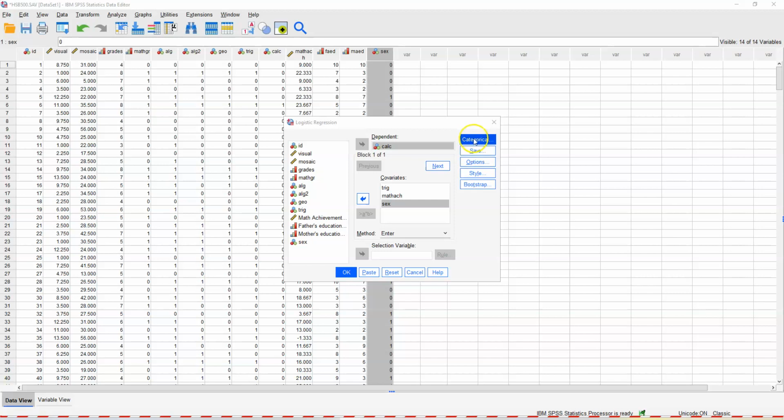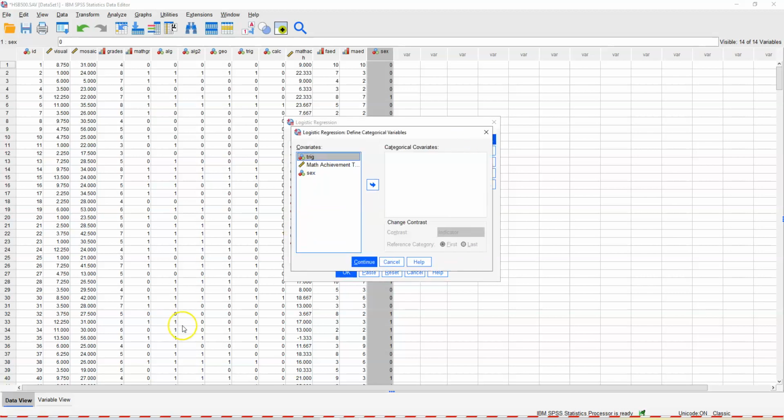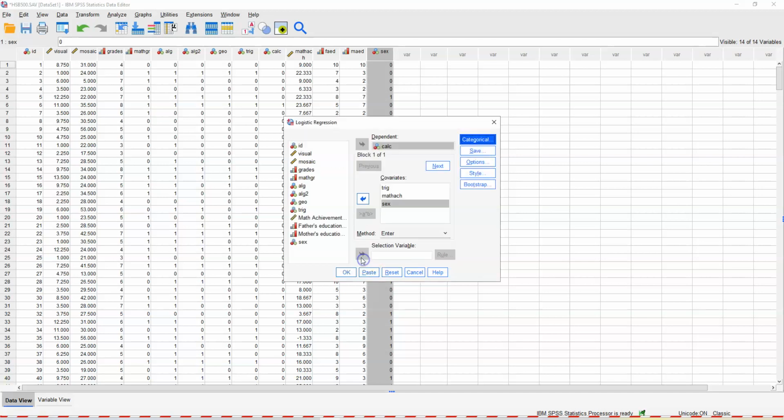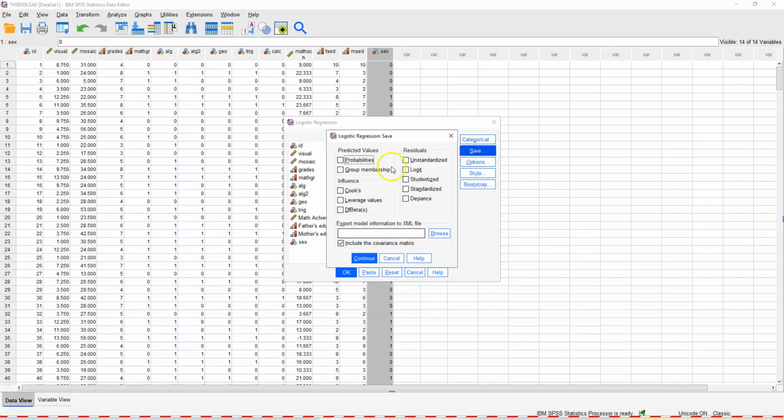As you can see right here in categorical, if you had an independent variable that was categorical and it had more than 2 groups, you would place it here. But we don't have that here. Gender, sex is 2 groups, and trigonometry is 2 groups. Let's look at save.